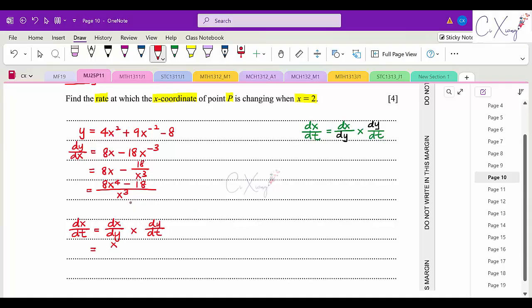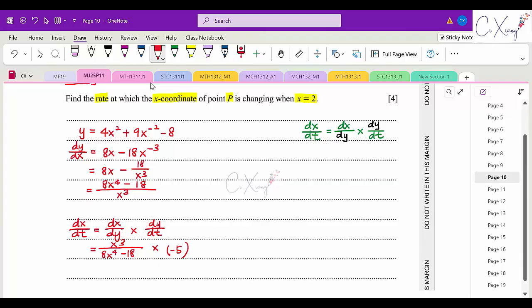Therefore, you have x to the power 3 divided by 8x to the power 4 minus 18 here, then multiplied with negative 5.